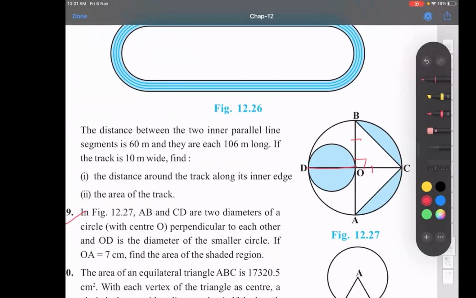If OA is equal to 7 centimeter, then OD is also 7 centimeter because OA is equal to OD, radii of the same circle.